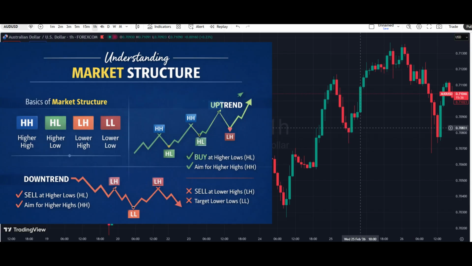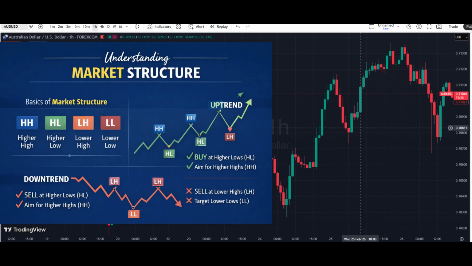On the right side, the green structure is the uptrend. An uptrend is formed when price makes a higher low, higher high, higher low, and higher high, meaning each pullback holds above the previous low, and each push creates a new higher high.